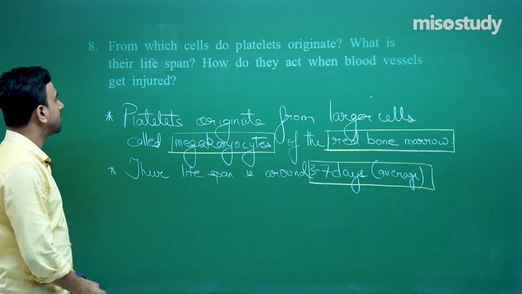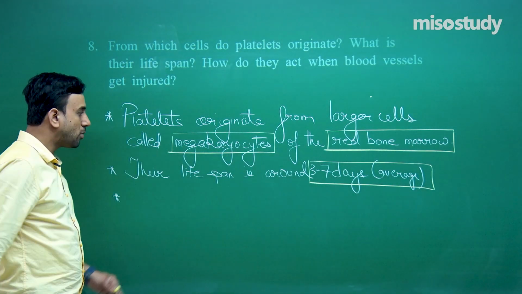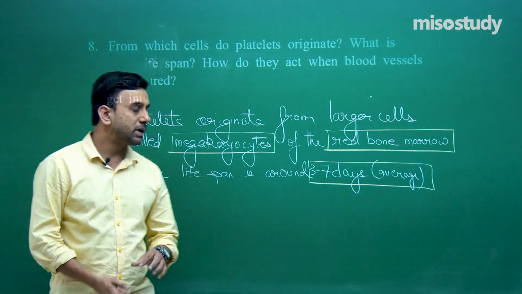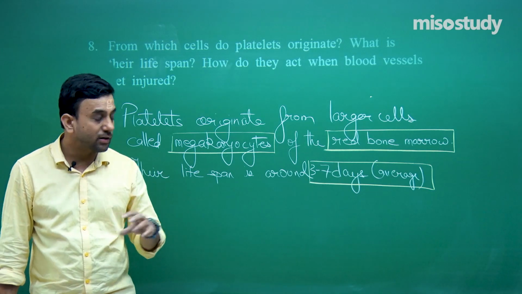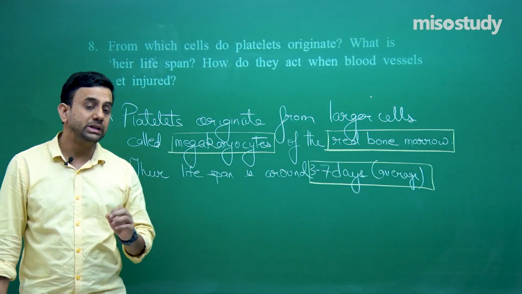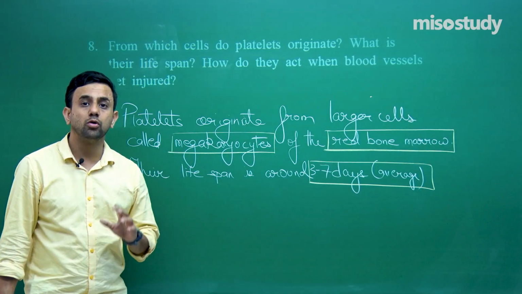And how do they act when blood vessels get injured? Okay, what happens, they play a very important role. The platelets play a very important role in blood clotting, and whenever there is a vessel wall injury, they will release thromboplastin.